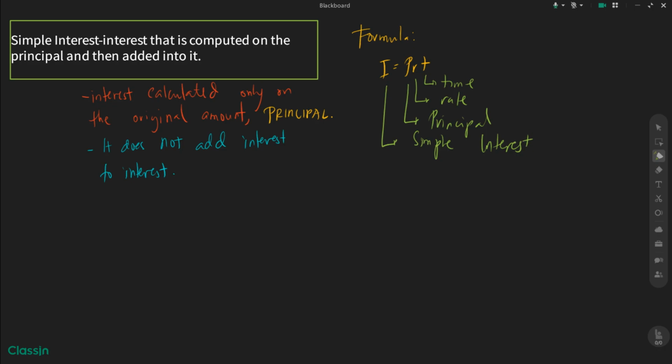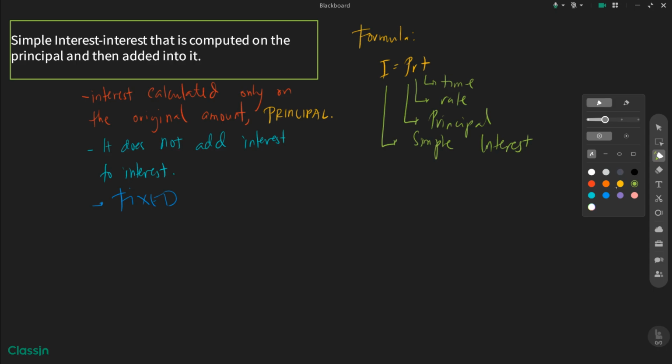So once interest is computed, it gets added once and stays the same each period. So this is fixed.